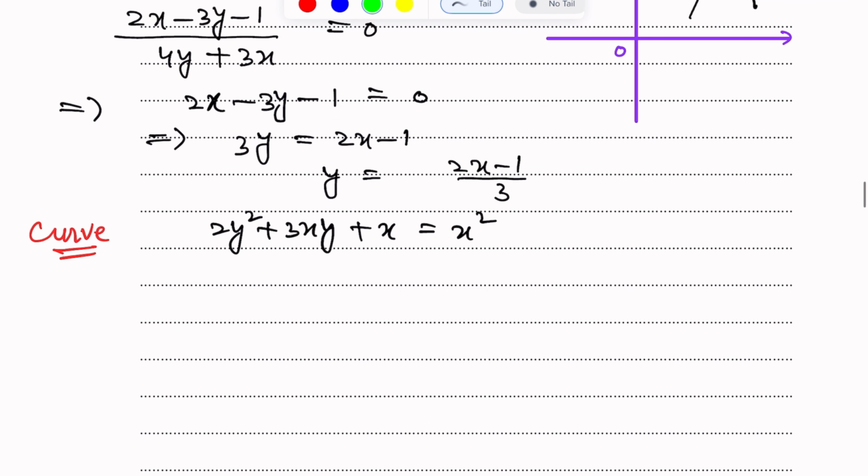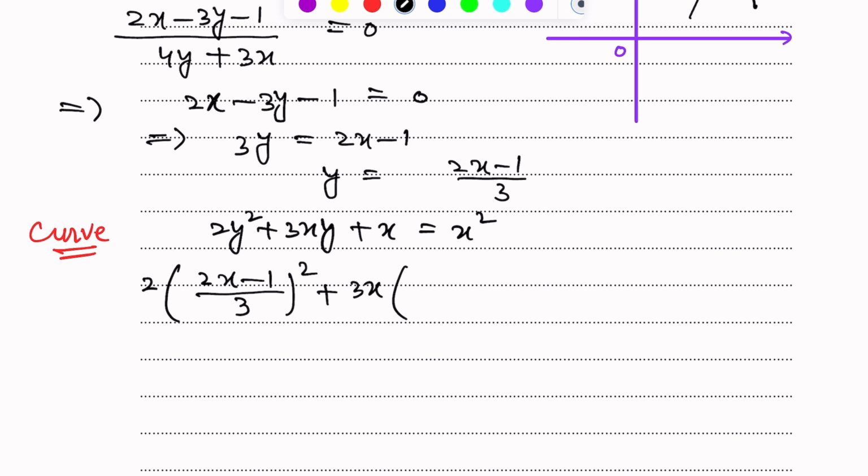So putting this value of y here, we get 2 into 2x minus 1 over 3 whole square, plus 3x into 2x minus 1 over 3, plus x is equal to x square.